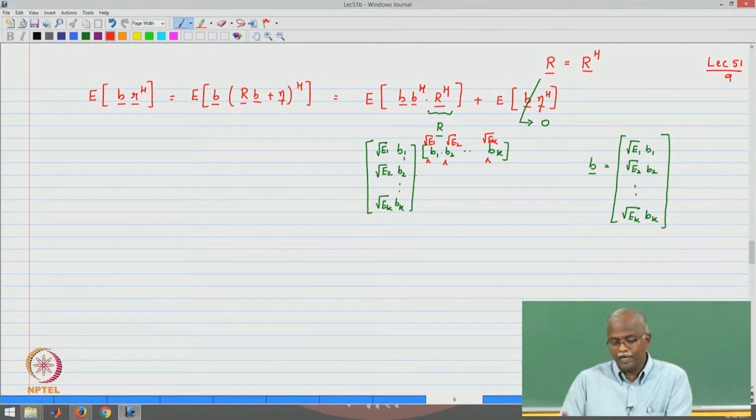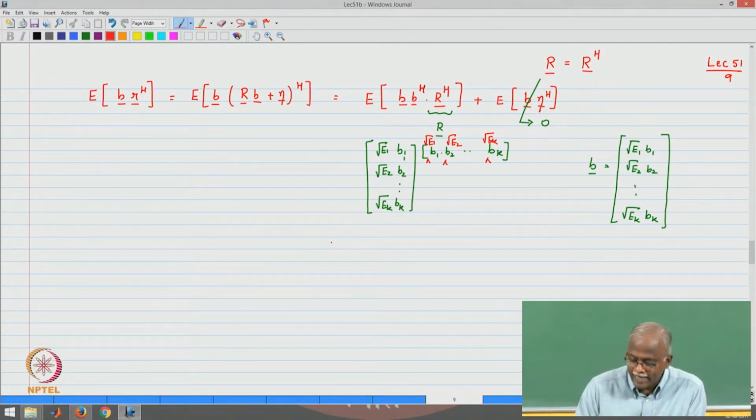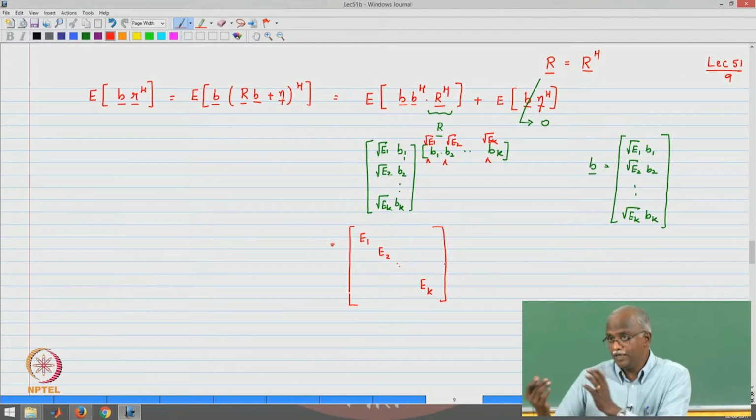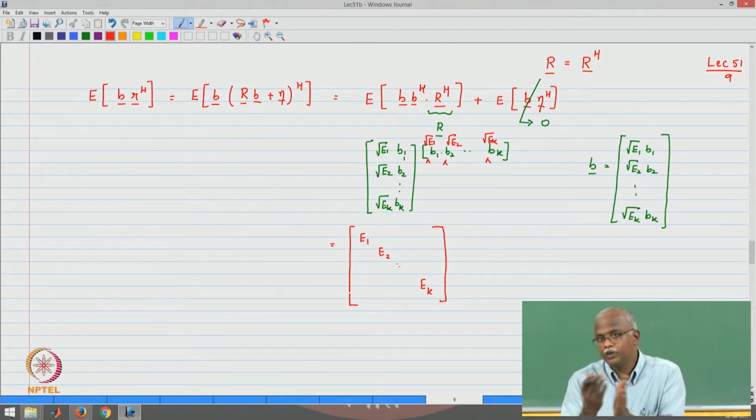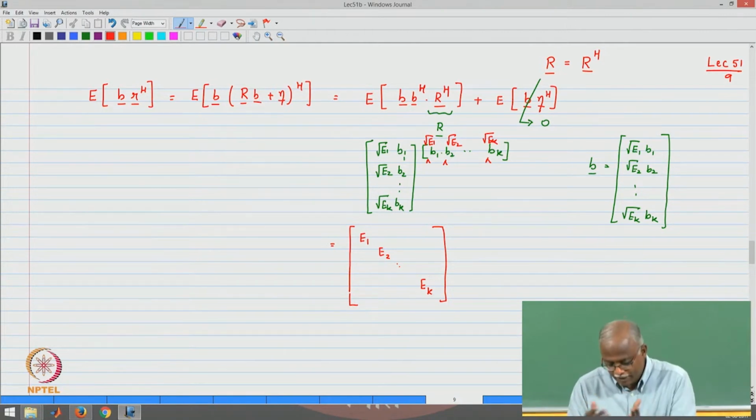So, that would be B B Hermitian. When we look at the expected value, this basically becomes a diagonal matrix with diagonal values E1, E2, Ek. Off diagonal terms are a product of Bi and Bj, both are independent and each is 0 mean.